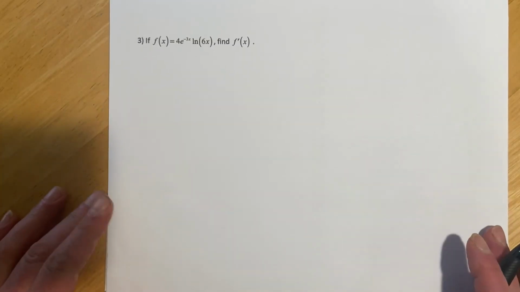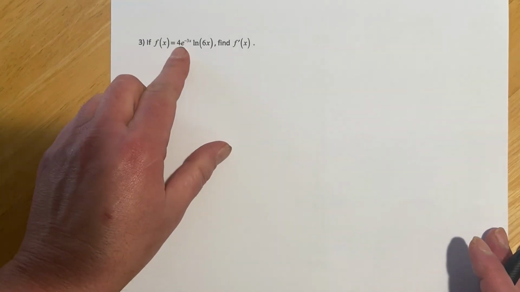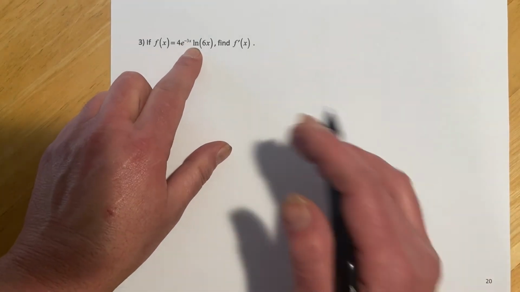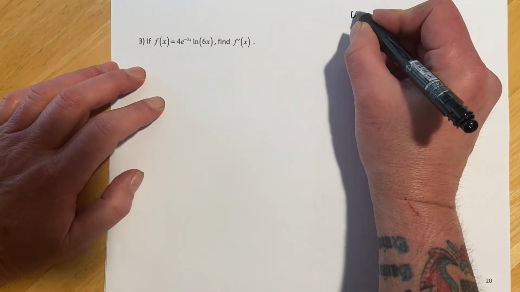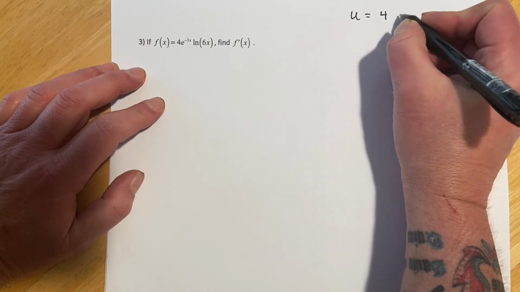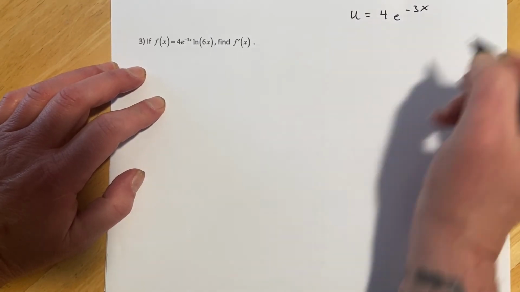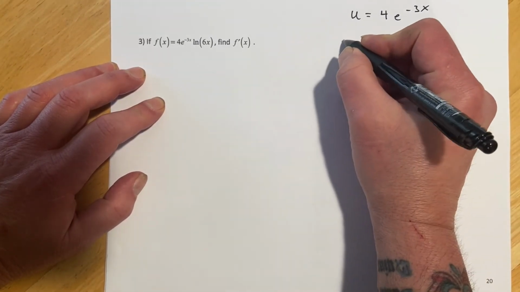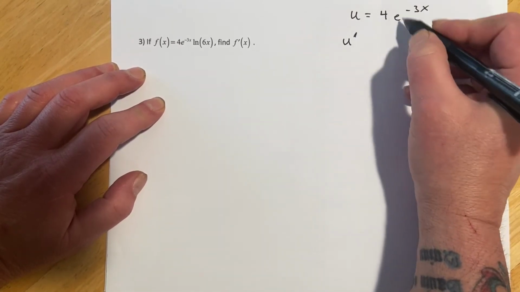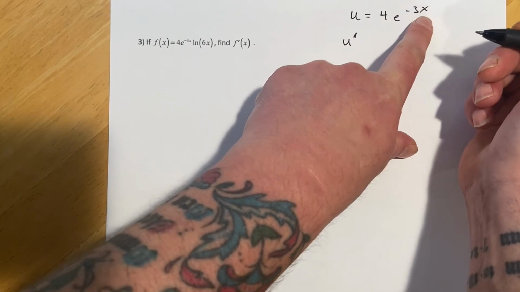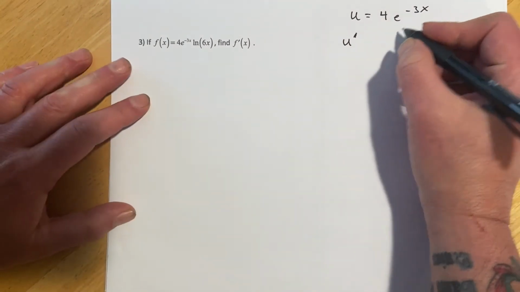Okay, so for number 3, we have 4e to the -3x, and then it's times the natural log of 6x. So that's, again, going to be a product rule. So let's go, u is going to be the 4e to the -3x. So then u prime is just what this is, and then times the derivative of the exponent.